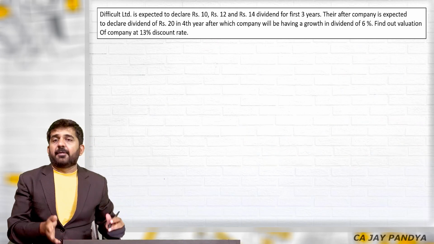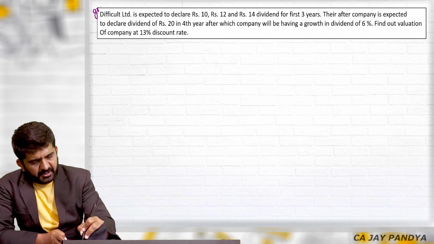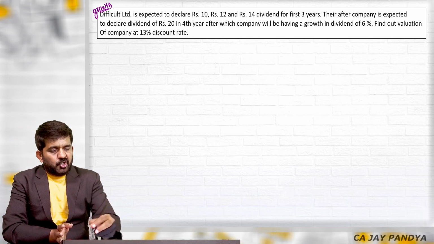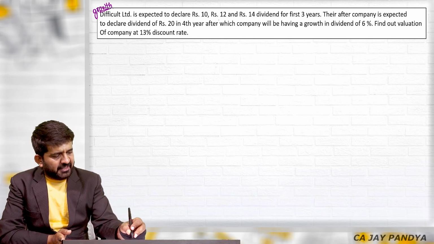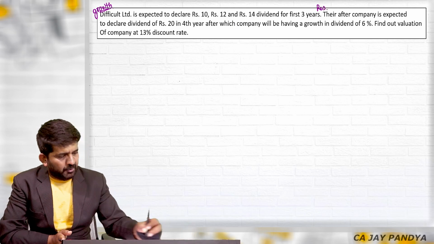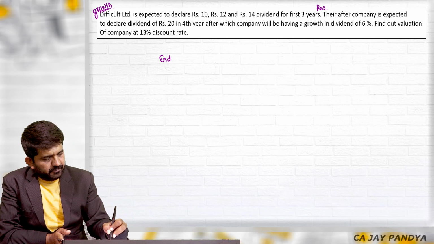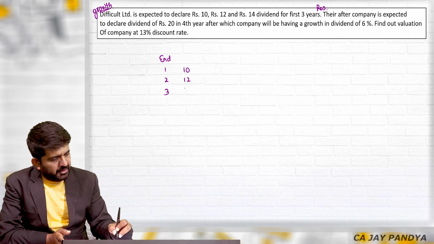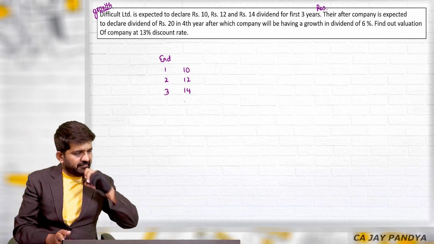Next is a similar type of question. It is Growth Difficult Limited. Let us change the name. Growth Difficult Limited is expected to declare rupees 10, 12 and 14 dividend for 3 years respectively. This remains same, 10, 12 and 14.